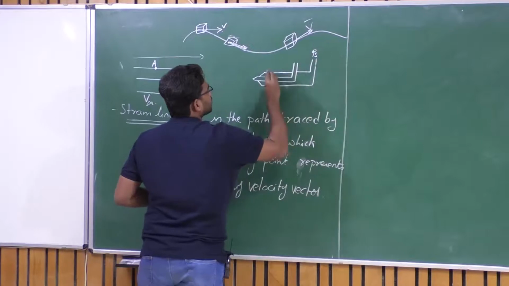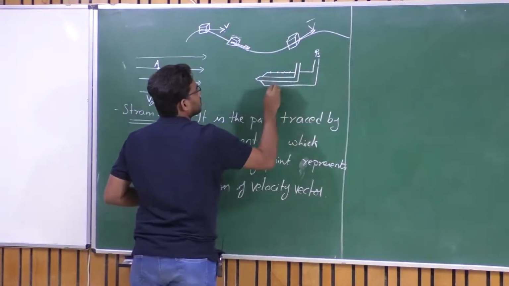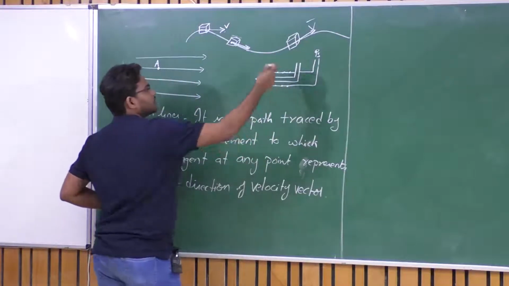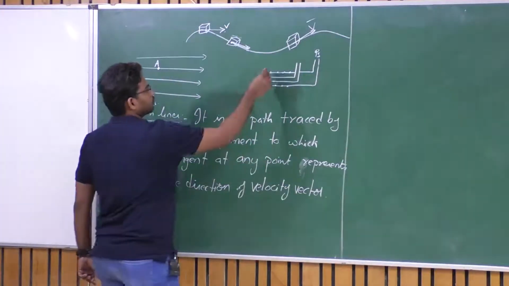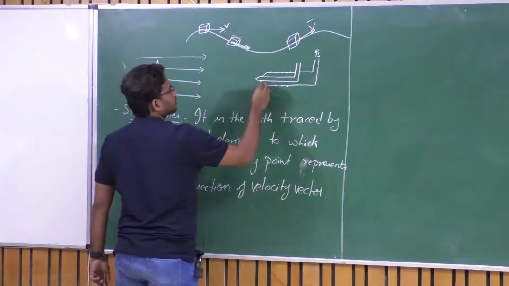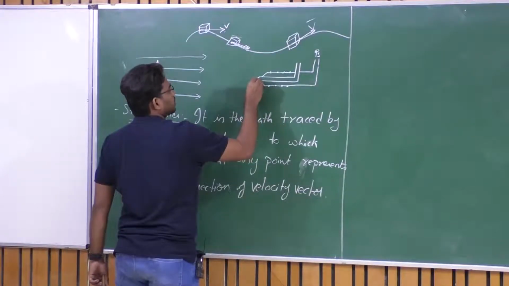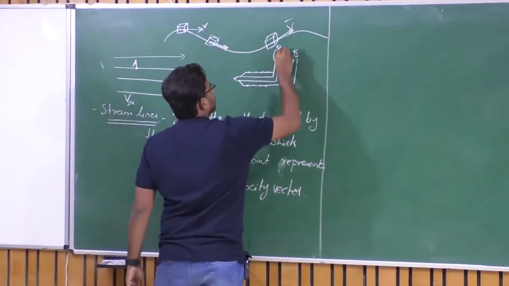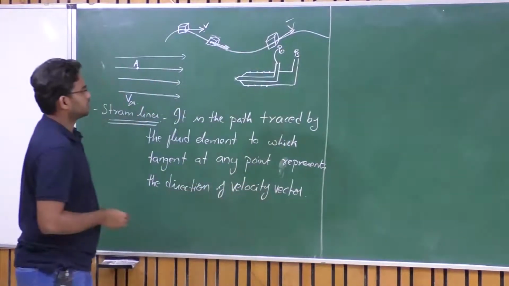Let PS be the static pressure. This static pressure is measured by means of holes on the periphery here. We made this tube interact with the free stream by means of these holes, and the total pressure is measured by means of this pitot tube. Let P naught be the total pressure measured here.